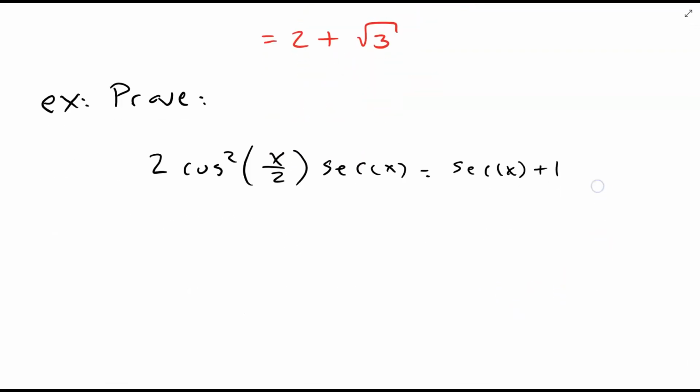Let's say we want to prove 2 times cosine squared x over 2 secant x equals secant x plus 1. Well, which side do you want to work on first? The left side is probably the obvious one, right?